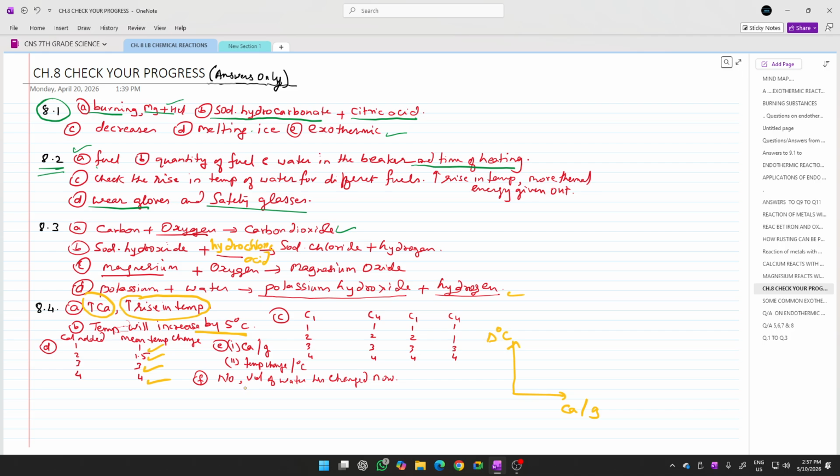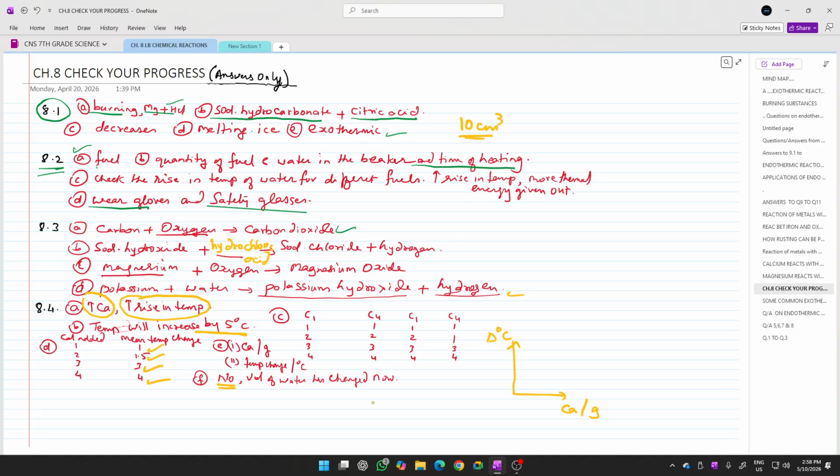And F is: Zara and Arun carried out a third set of experiments using 20 centimeter cube of water instead of 10 centimeter cube. Could they use this result to add to the first two sets? Now, if they are performing the experiment with 20 centimeter cube, can the result be compared with this? So the answer is no. Why? Because in this experiment, the comparison was possible since both of them performed the experiment with 10 centimeter cube, isn't it?